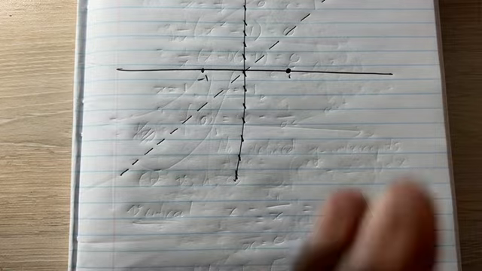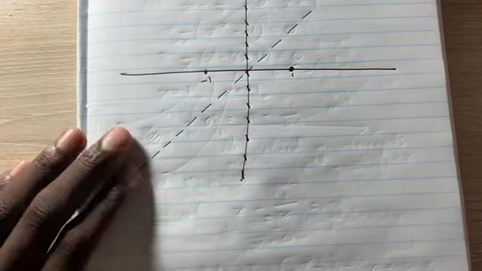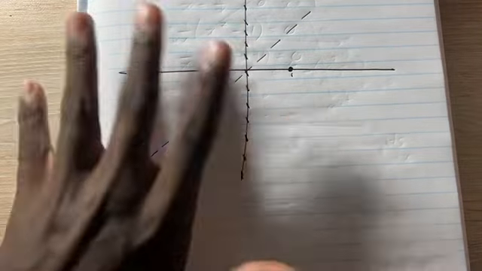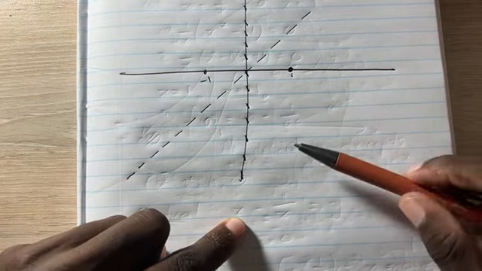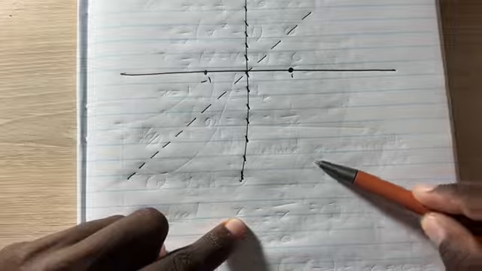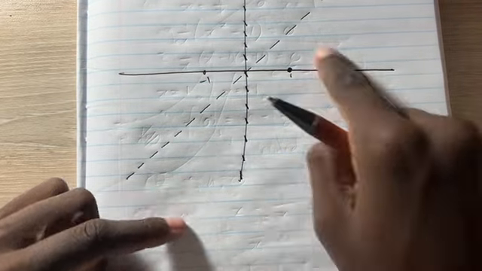Now the next thing for us to check is the behavior of the function as x approaches some points. We have these points, we don't have turning points, and we don't have points of inflection. So our function doesn't change in that way.